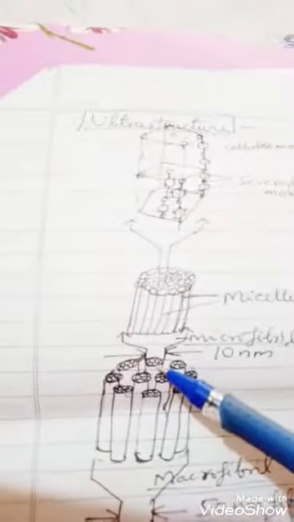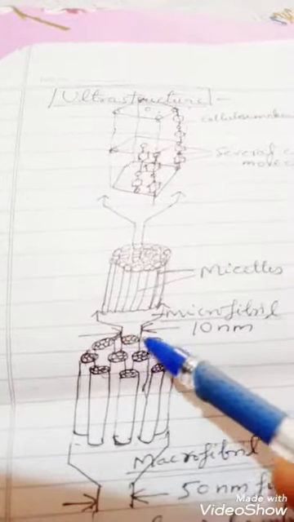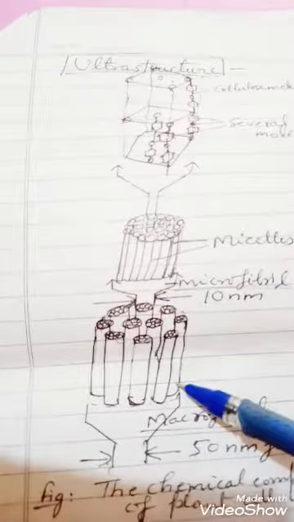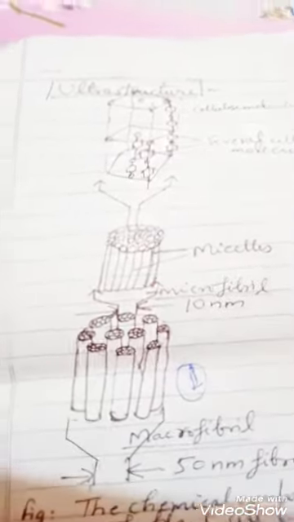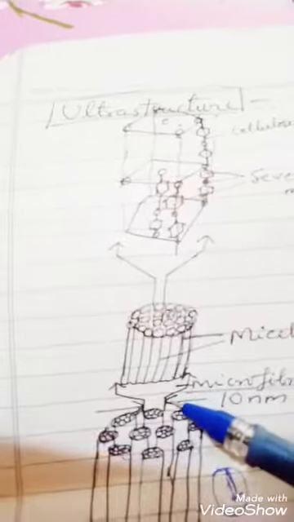And when we consider a single microfibril, its diameter is 10 nanometers, and this is the first level, consisting of microfibrils.